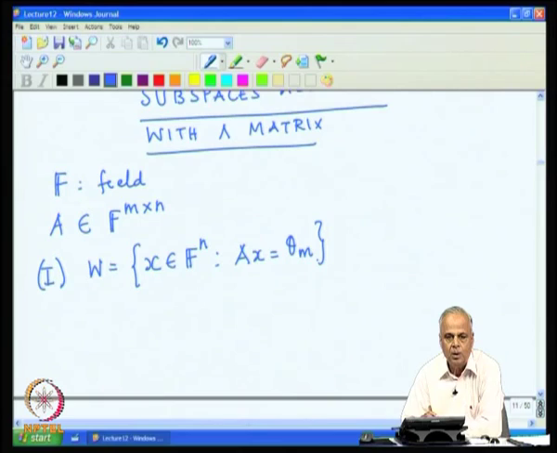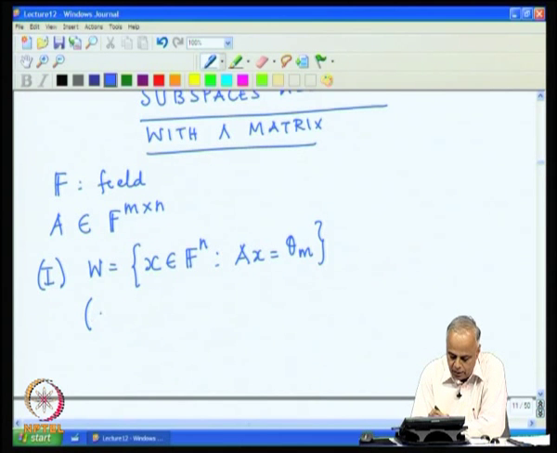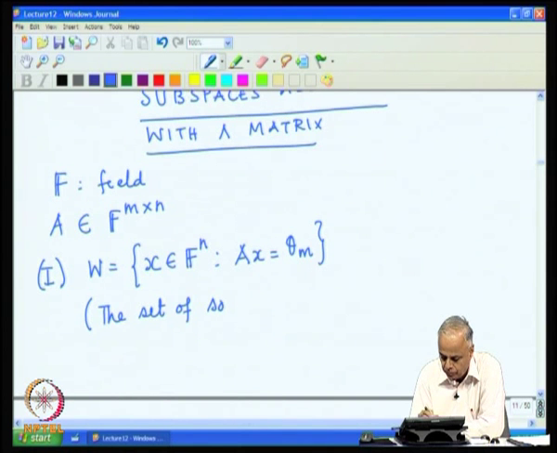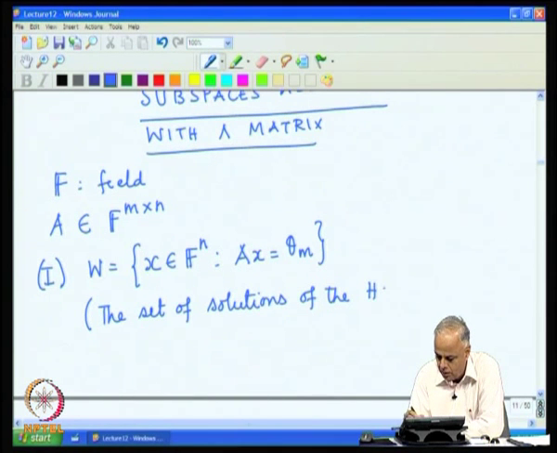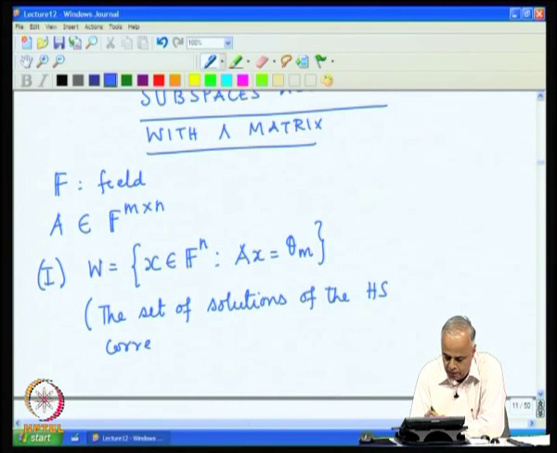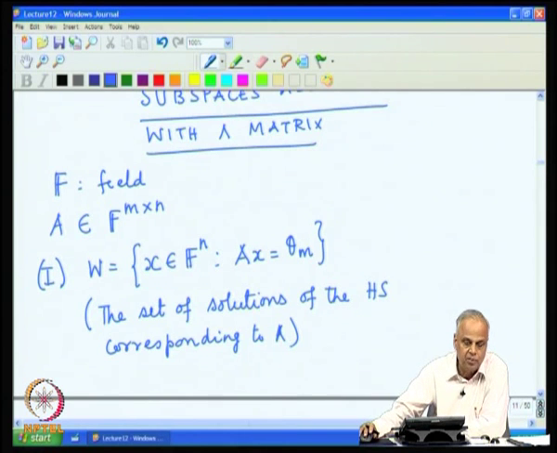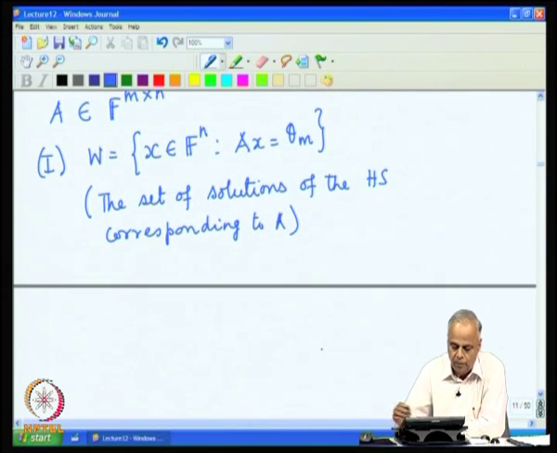This is the same as looking at all the solutions of the homogeneous system corresponding to the matrix. So, this is the set of corresponding solutions of the homogeneous system corresponding to the matrix A. We would see that this is a subspace.